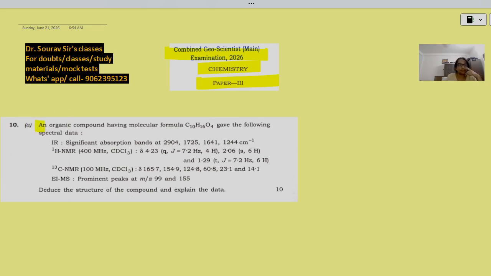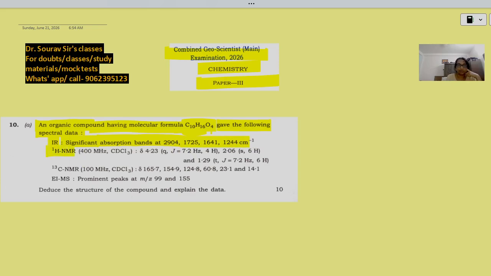Now the question: an organic compound. In this question, the compound's molecular formula is given, C10H16O4. Give the following spectral data. IR data: the significant absorption bands at these wavenumbers, given in cm⁻¹.